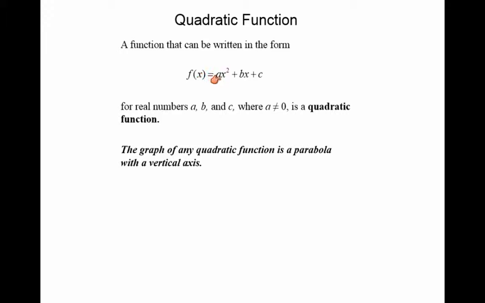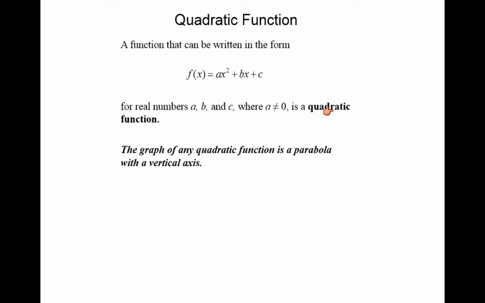A quadratic function is a function that can be written in this form: ax squared plus bx plus c, for real numbers a, b, and c, where a cannot be equal to 0. Because if a is equal to 0, this term is going to be gone. It's not going to be a second order equation anymore. It would be a first order equation, which is a line.